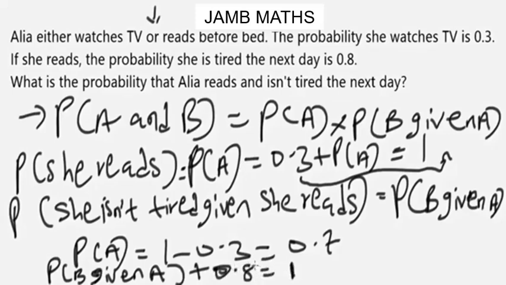So when this 0.8 crosses over the equality sign, the probability that she isn't tired given she reads will be 1 minus 0.8. When you punch it on the calculator, you're going to have it to be 0.2.